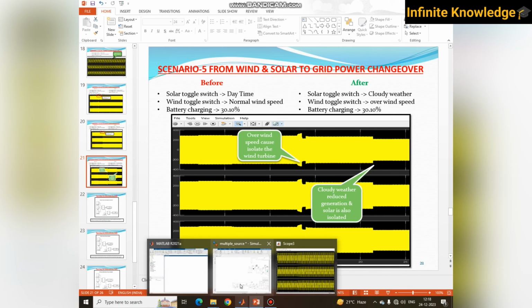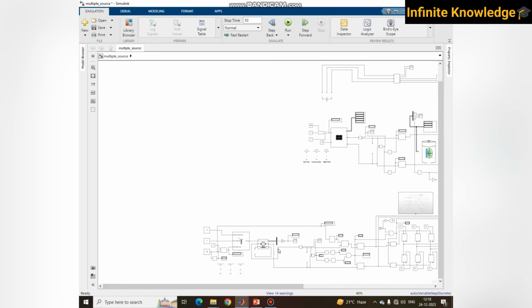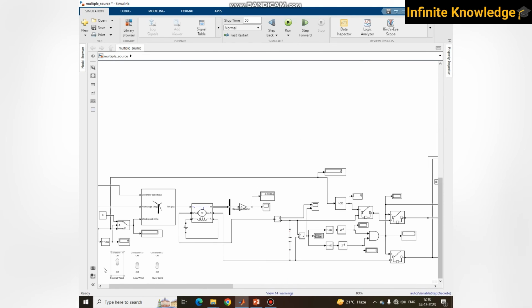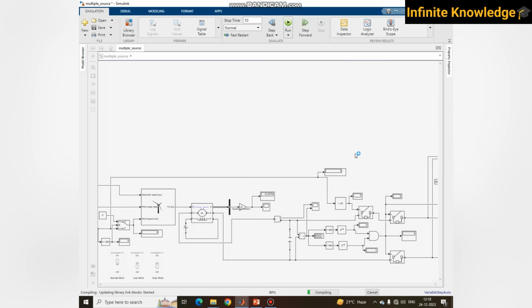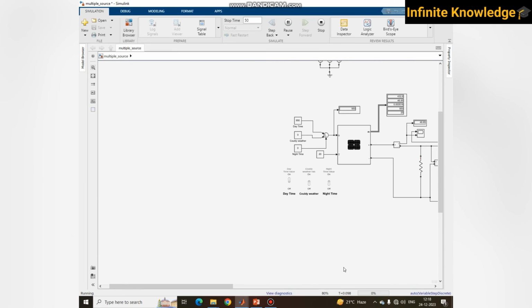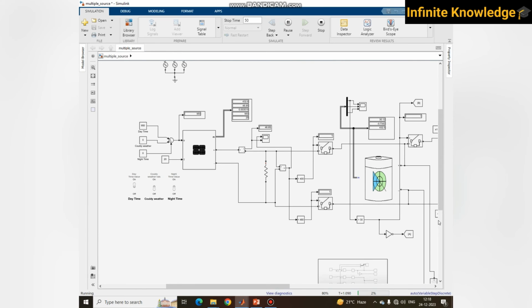So I am creating the situation as mentioned here, and we will check the simulation, and then we will change the real time. Okay, it's daytime, so solar is okay, and it's wind time, normal wind speed, and your battery is also at 30.10% charge.